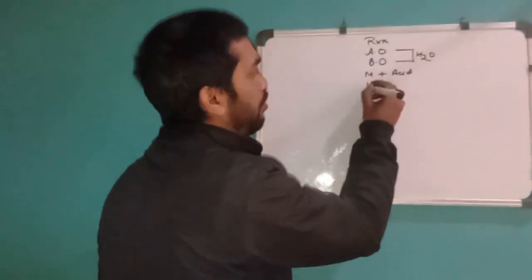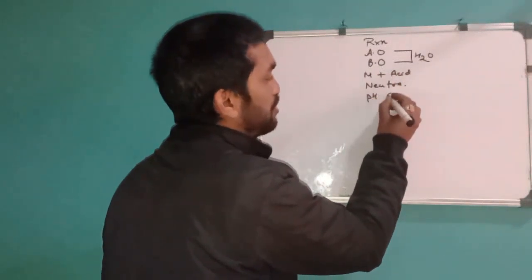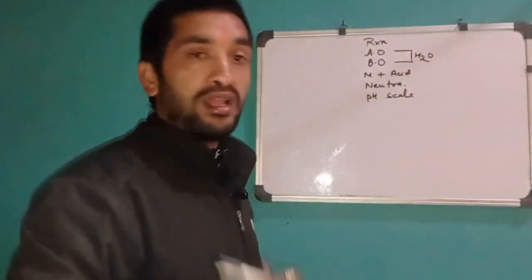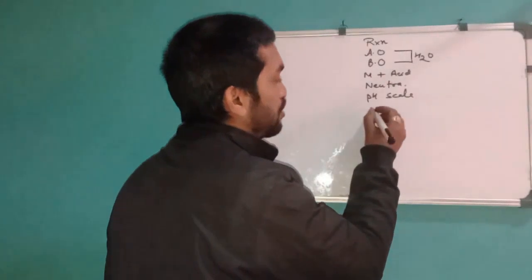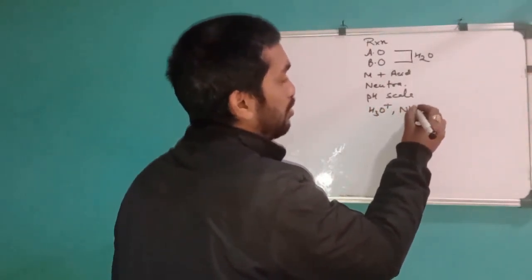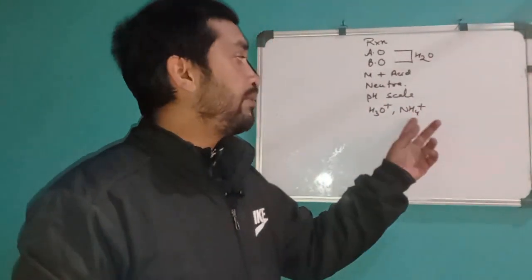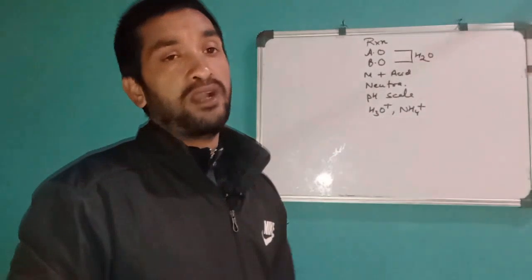Then we discussed the neutralization reaction. Then we discussed the pH scale. At last we discussed the dot structure of the hydronium ion and the ammonium ion. NH3 plus H plus, ammonium ion, H2O plus H plus, hydronium ion.